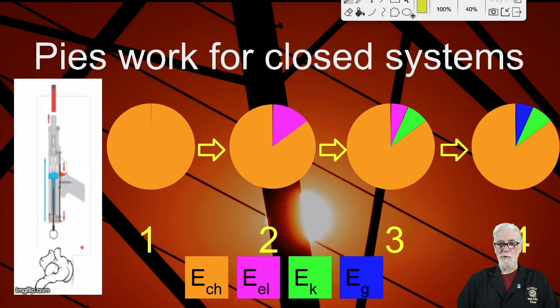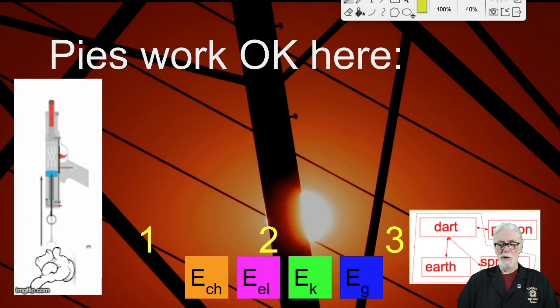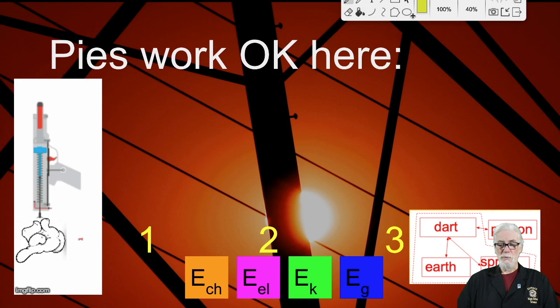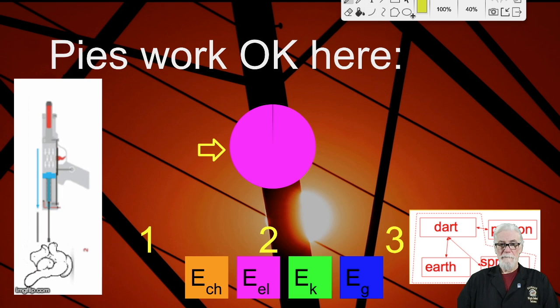Pies work really well for closed systems. Pies work okay for some open systems as well. So when we had the dart, earth, and spring in the system and the person outside the system, our pie charts look like this.